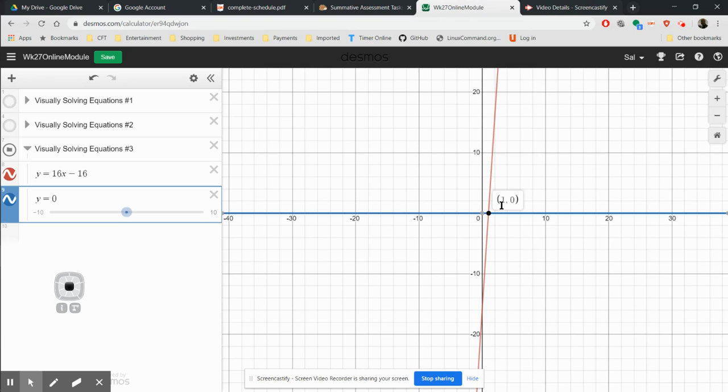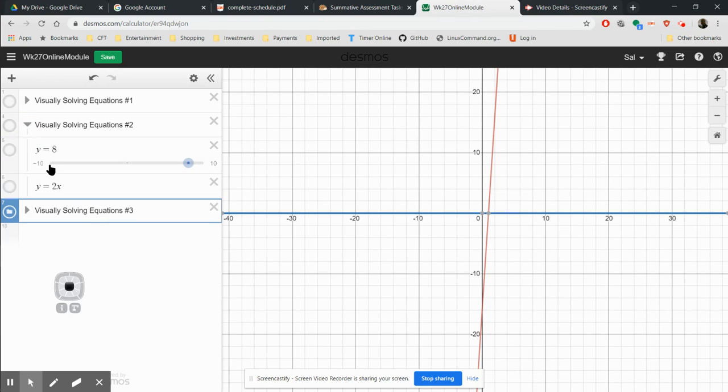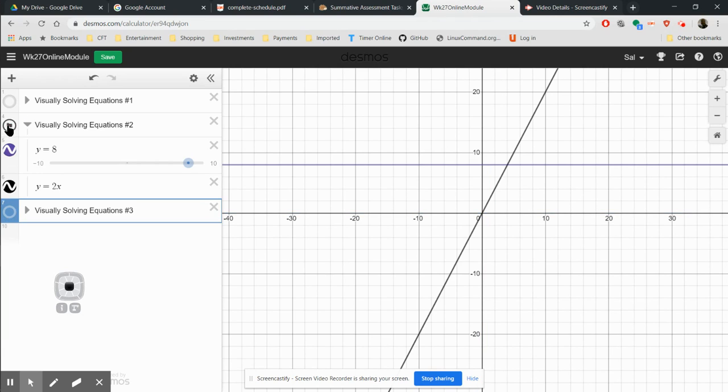The connection is that if they intersect, the first value of the coordinate point, your x value, is the identical value you would have found by solving these two equations algebraically, setting them equal to each other. x equals 1. Same thing with this one: if 2x is equal to 8, the only time they are equal is when x equals 4.